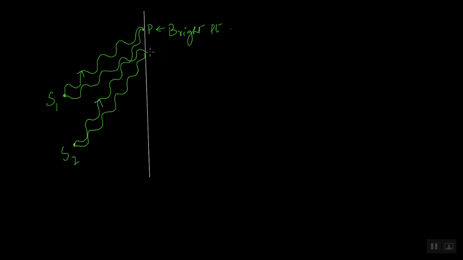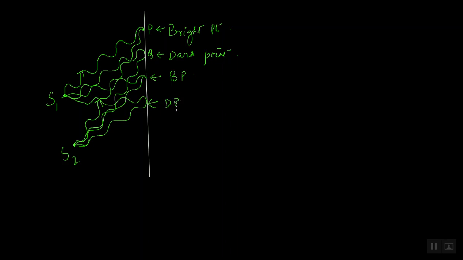Now at this point Q, how are the waves meeting? The crest and the trough are meeting, so this is a dark point. Then again you have a bright point, and then a dark point.